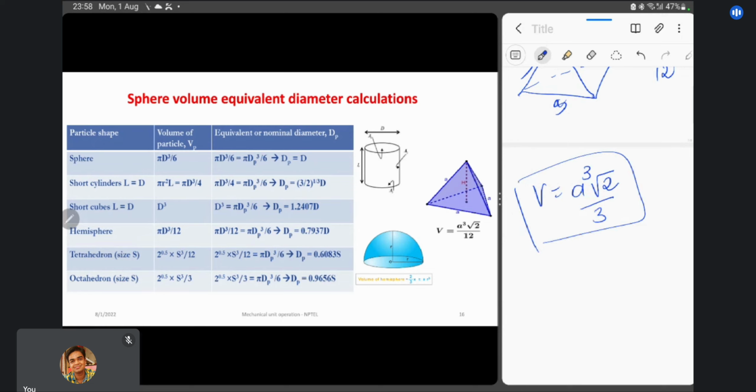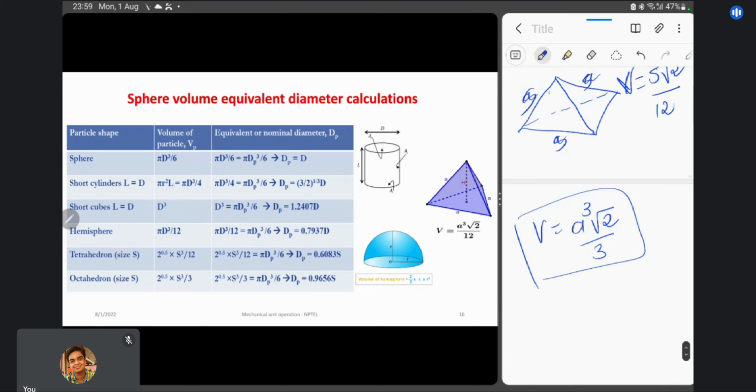Now from this volume, the question is about surface area. If both volumes are the same, which shape has the higher surface area? You can easily compare them and understand by comparing both.